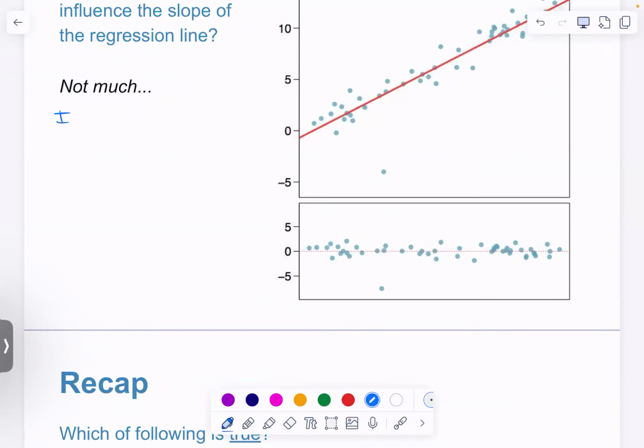So in this case, I personally, I would keep the outlier in my data.